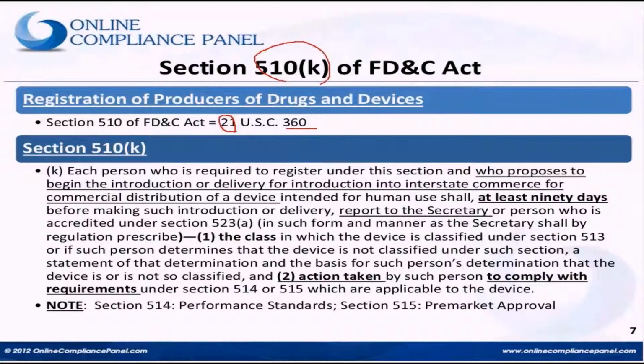According to Section 510K of the FD&C Act, at least 90 days before you introduce or deliver your device to the market, you have to report to the Secretary. In the report, you have to mention the class, and state the actions taken to comply with the requirements right here.